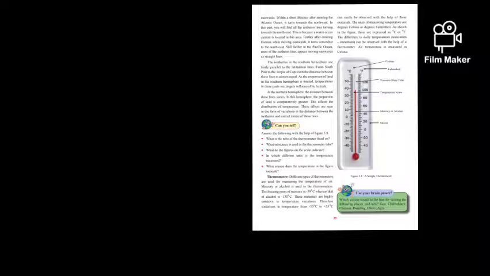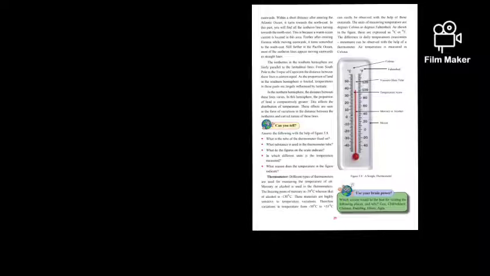Different types of thermometers are used for measuring the temperature of air. Mercury or alcohol is used in the thermometers. The freezing point of mercury is minus 39 degrees Celsius, whereas that of alcohol is minus 130 degrees Celsius. Okay, the freezing point of mercury, it is minus 39 degrees Celsius, whereas alcohol minus 130 degree.